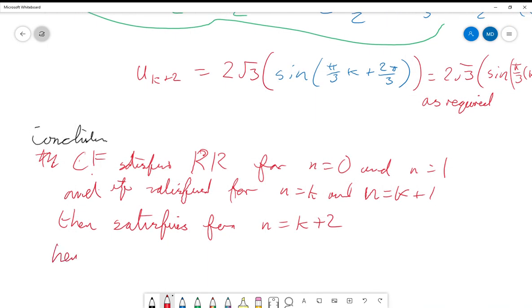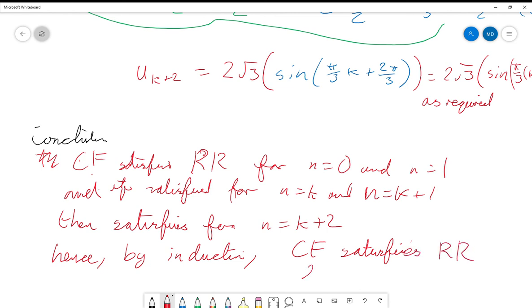Hence, by induction, our closed form satisfies the recurrence relation for all n greater than or equal to 0.